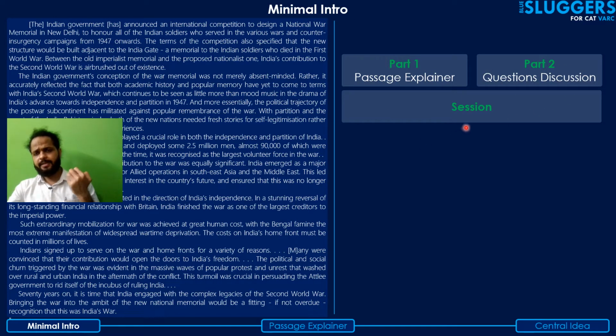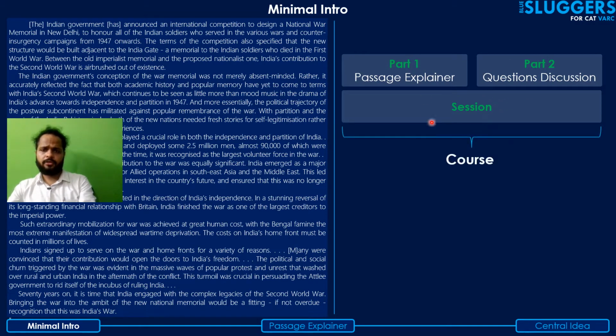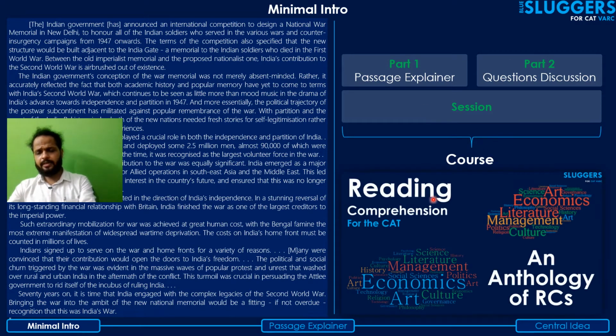You are expected to have attempted the passage and read the passage and attempted the questions by yourselves. The link to do the same is available in the description of videos of both the parts. Now, 40 such sessions make up a course that is titled an anthology of RCs for your reading comprehension preparation for the CAT. So I hope that's clear.